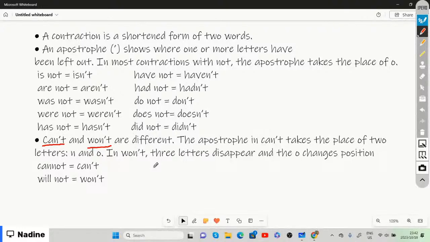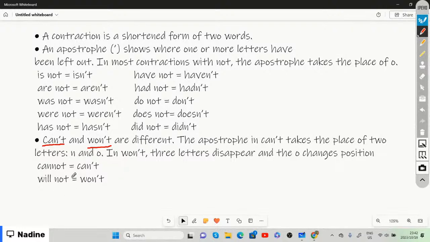And the apostrophe in can't takes the place of two letters, which is the N as well as the O. Because remember, we said a contraction is a shortened form of two words, and we can either remove one or more than one letter, and then we put our apostrophe there. And in won't, three letters disappear and the O changes position, right?